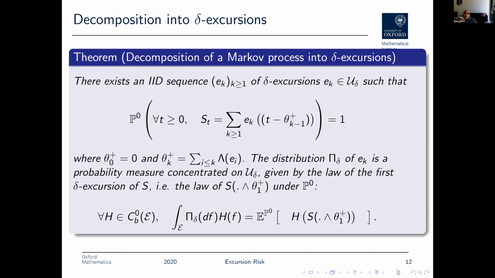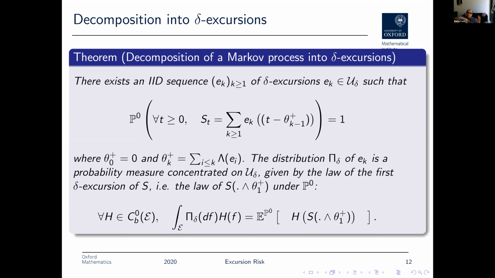But now this decomposition becomes even nicer: if S is a strong Markov process to which I can apply the Ito result, with nice properties such that it comes back to 0 infinitely often, then the decomposition we saw in lecture 1 becomes an IID decomposition, a sum in the sense of concatenation. Each term is a path in this sum.